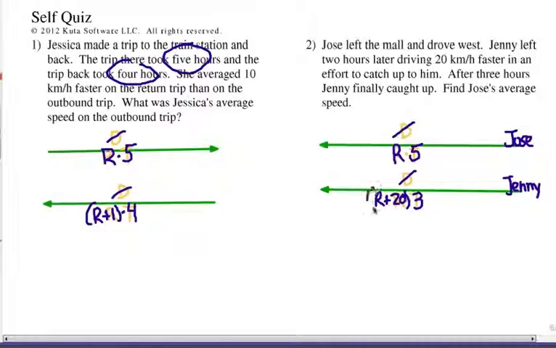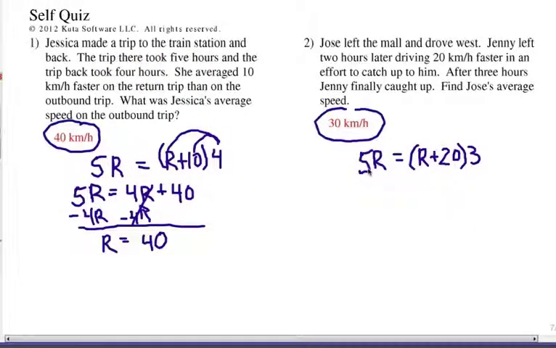Very similar to the previous problem. Now let's put this together in an equation. Jose's distance traveled is rate times time, 5 times R. And Jenny's distance traveled is the same because they're caught up now, and this is her speed and this is her time. Distance equals rate times time.